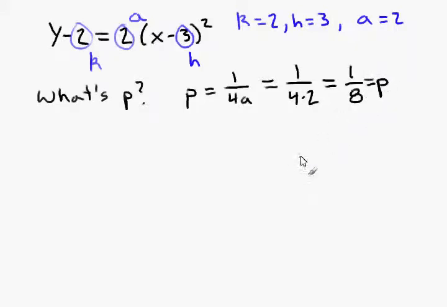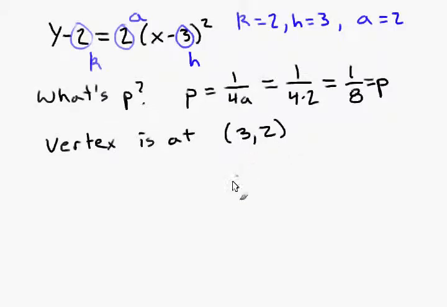Next, we know that the vertex is at h comma k, 3, 2. So the focus is at 3, still 3 in the x, and then it's k plus p.